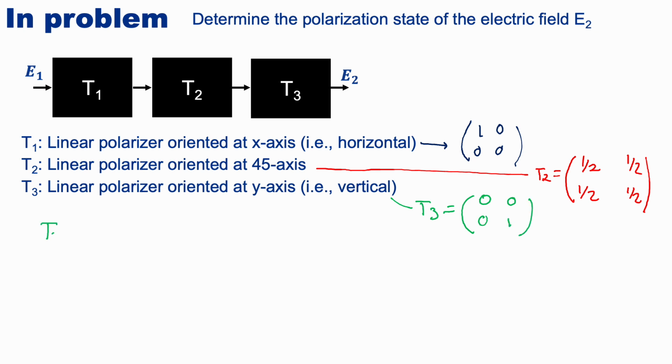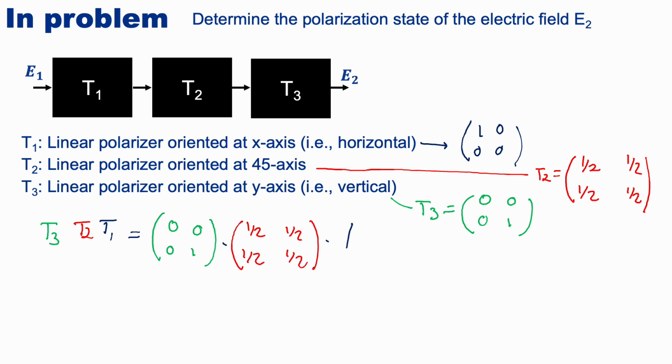So we're going to have T3 multiplied by T2 multiplied by T1. Now here we have 0, 0, 0, 1, then 1/2, 1/2, 1/2, 1/2, and finally 1, 0, 0, 0. So the result is going to be 0, 0, 1/2, 0.